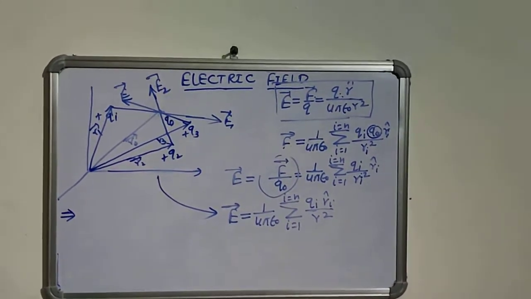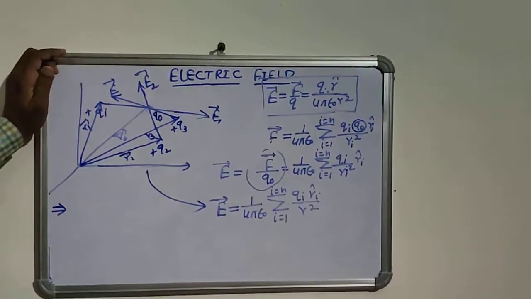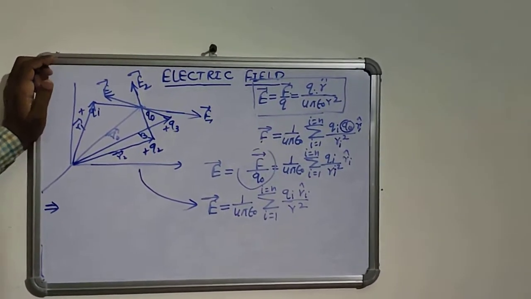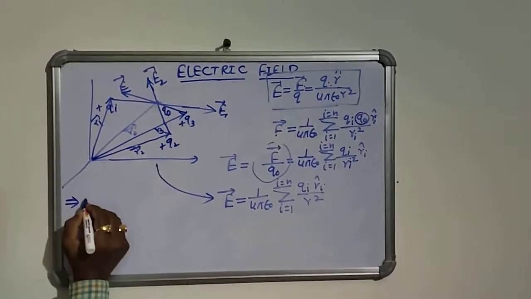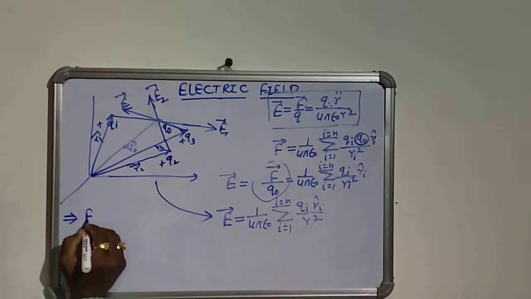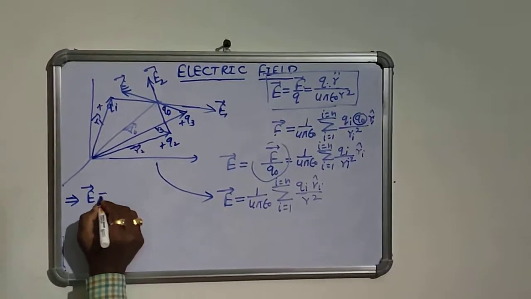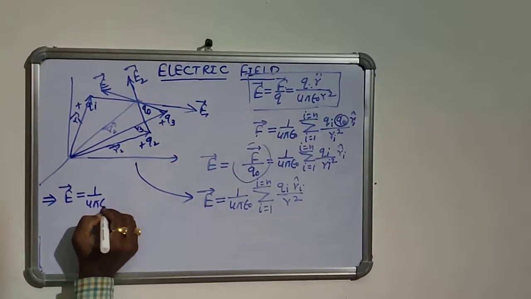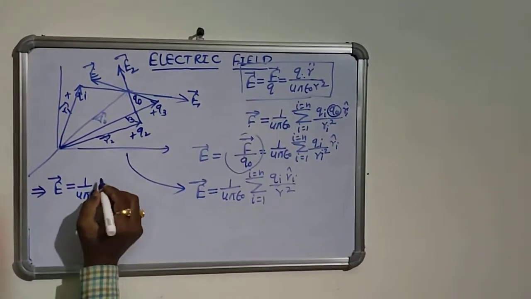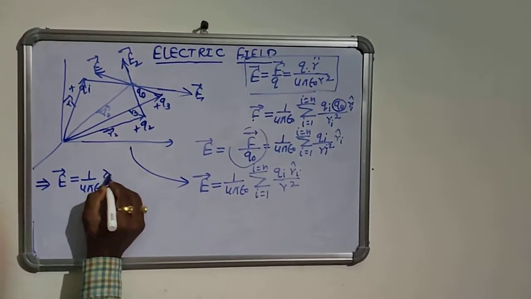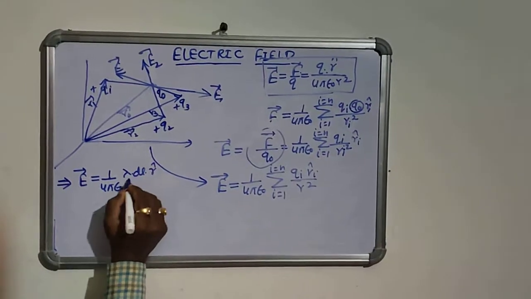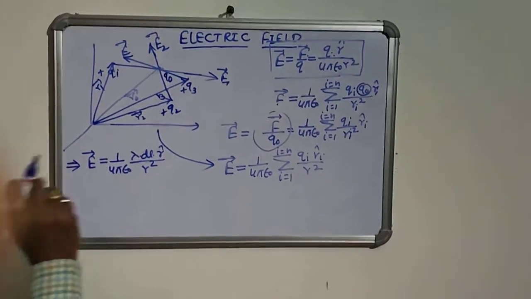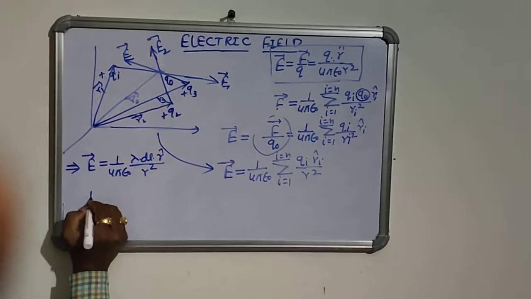In the previous class we discussed the distribution of charges in terms of electric force. Now we can discuss the distribution of charge in terms of electric field. For linear charge distribution, the formula is 1 upon 4 pi epsilon naught, integral of lambda dl r cap upon r square. This is for linear charge distribution.